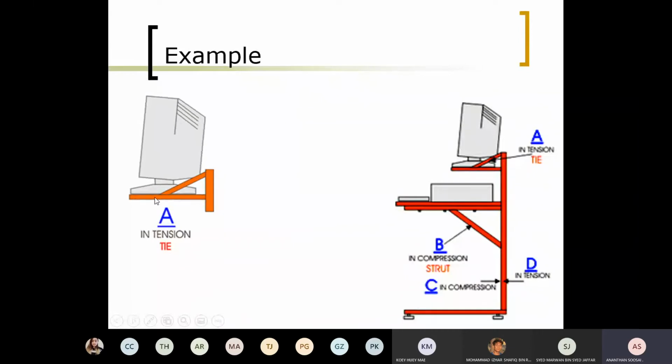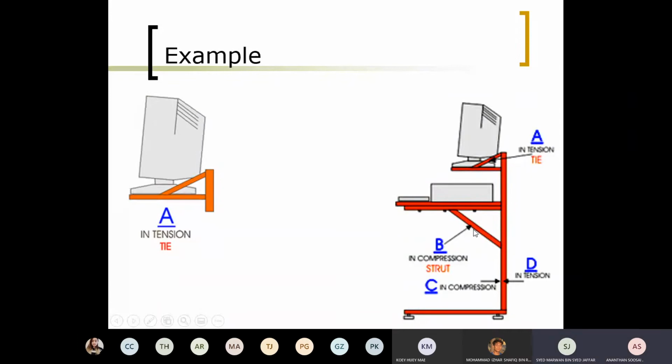What will happen to this rod? It will try to go apart, right? When you cut here on top, it tries to go apart. If it tries to go apart, then we say it's under tension. So A is under tension.